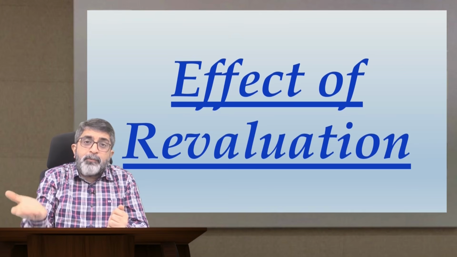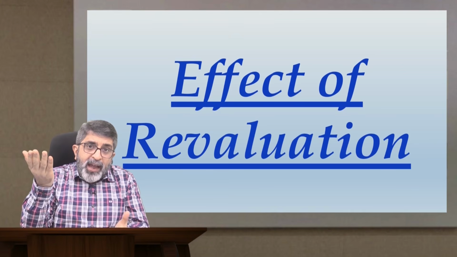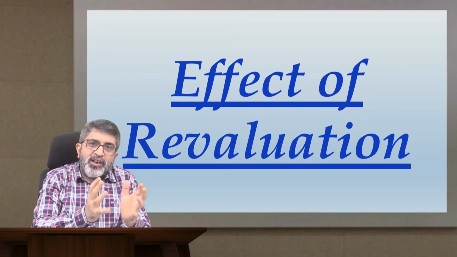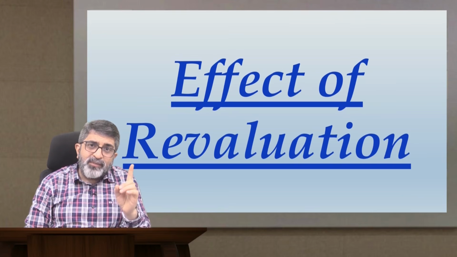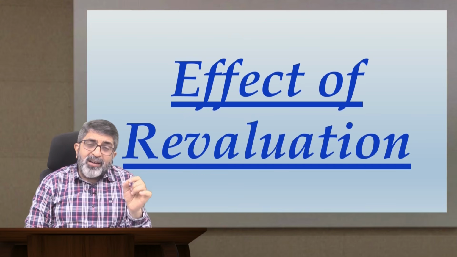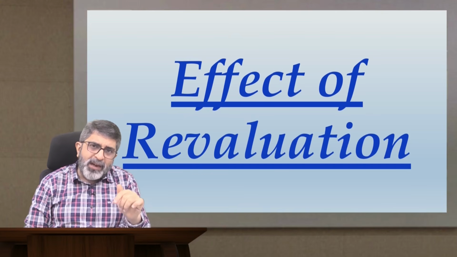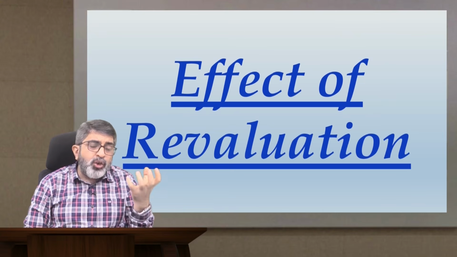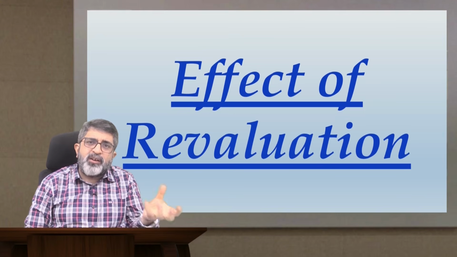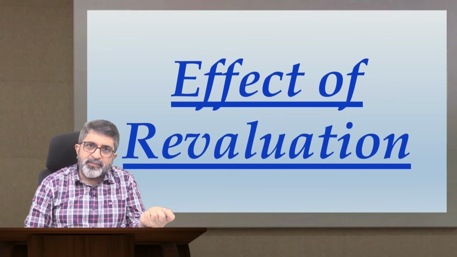So if there is an upward revaluation and it results in a revaluation surplus, it cannot be identified as a gain in your income statement. You may recognize this as a revaluation surplus via the statement of other comprehensive income and accumulate it in a kind of reserve called revaluation reserve.